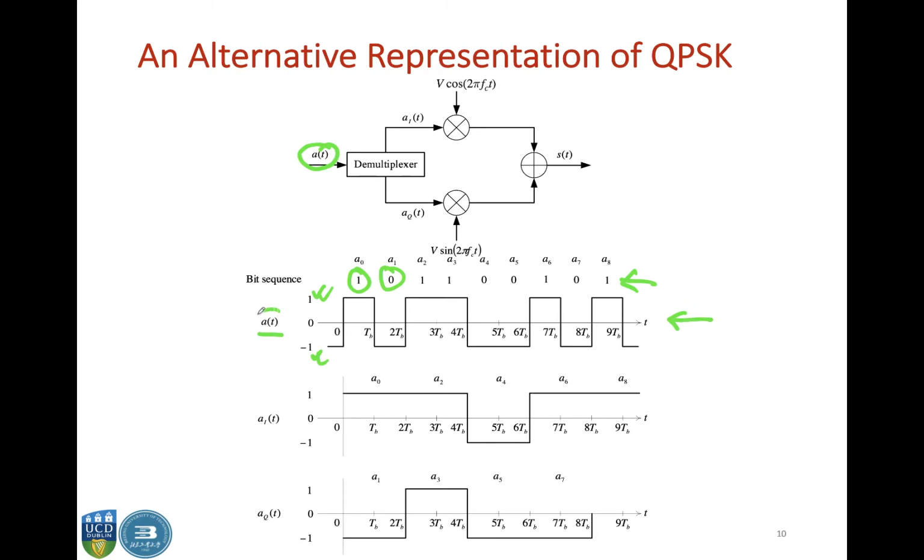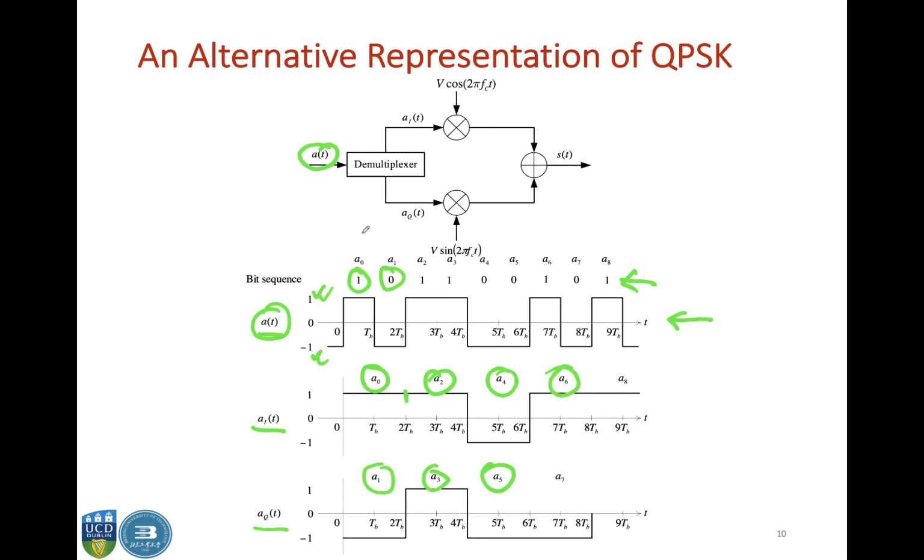This is your message signal a(t). Now if you demultiplex the message signal a(t) into aI(t) and aQ(t), where aI(t) only contains the even number of bits from the original message, and aQ(t) contains the odd number of bits from the original message. aI(t) consists of a0, a2, a4 and a6, and the bit durations are doubled.